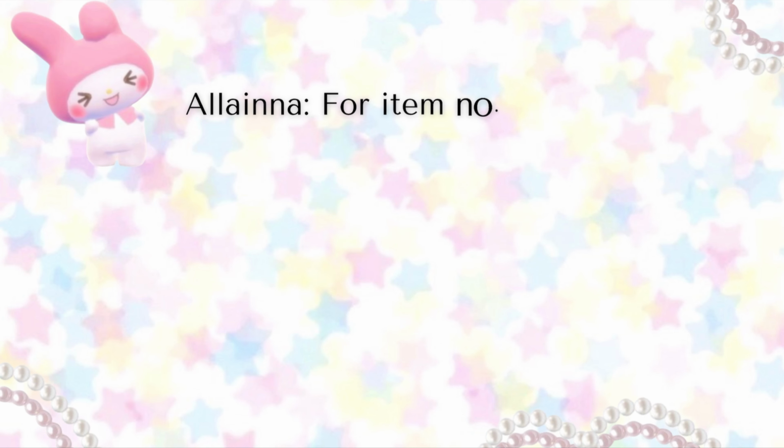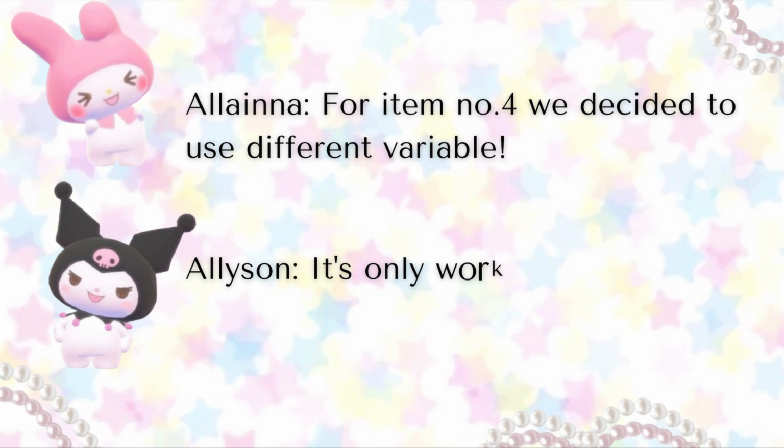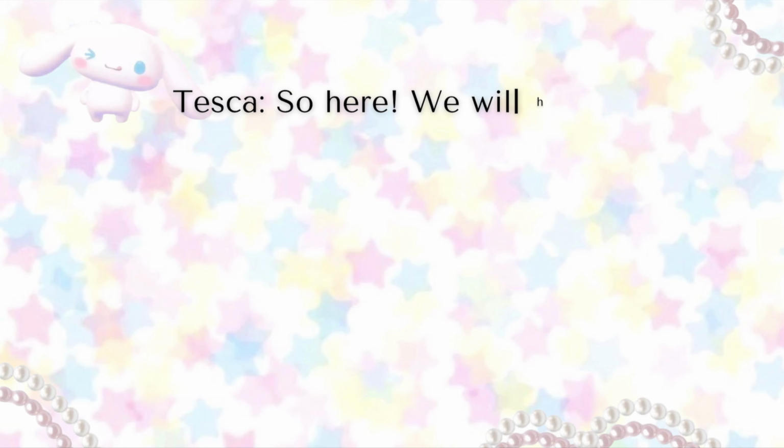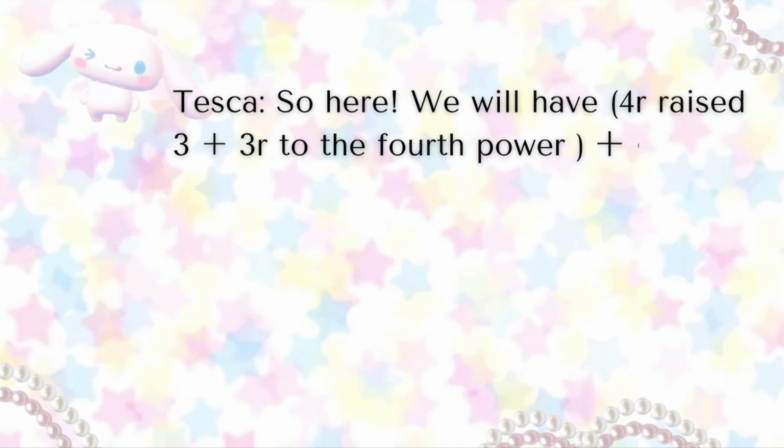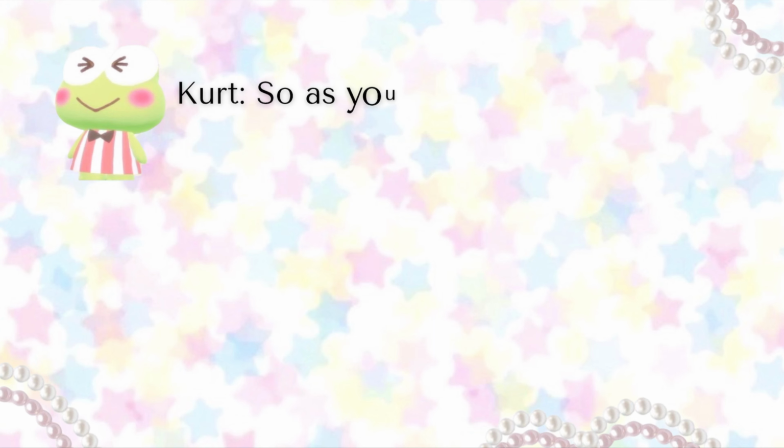For item number 4, we decided to use a different variable. Does it only work with variable x? No. So here we will have (4r³ + 3r⁴) + (r⁴ − 5r³).